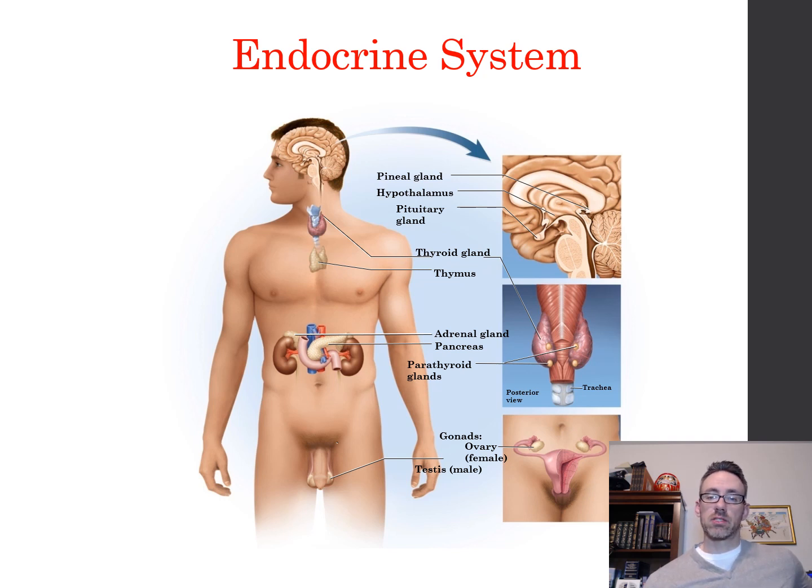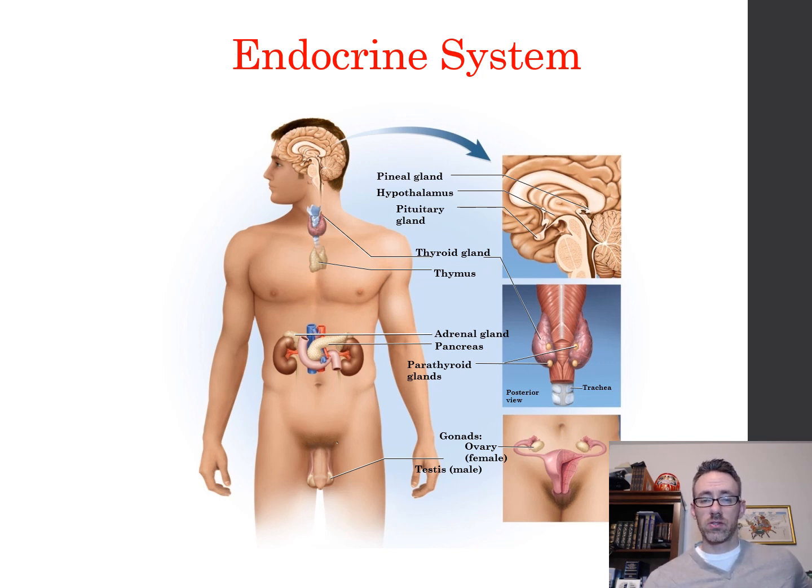And so the hypothalamus will communicate with this pituitary gland, which is this little bulbous structure here. You can see it connected via a stalk just below the hypothalamus, and we'll talk about that in one of the lectures. Then there's the thyroid gland, which we'll discuss today, and that's located in the anterior aspect of the neck, and actually just anterior to the trachea.